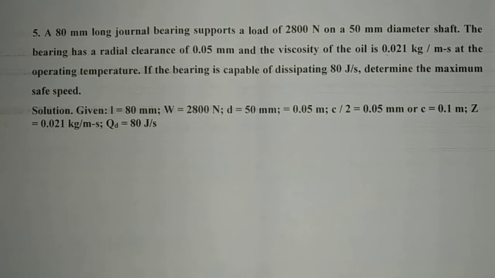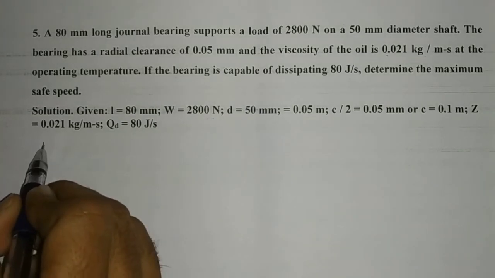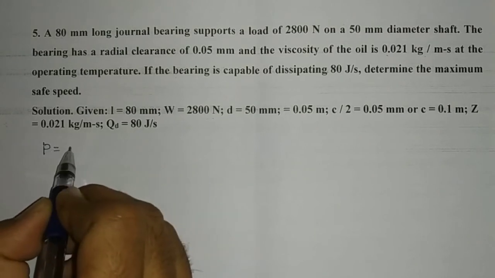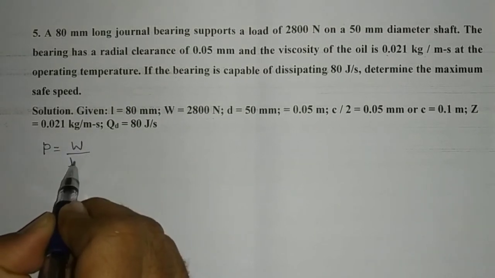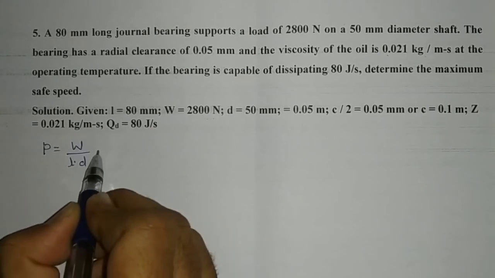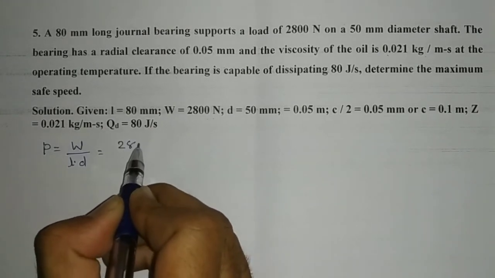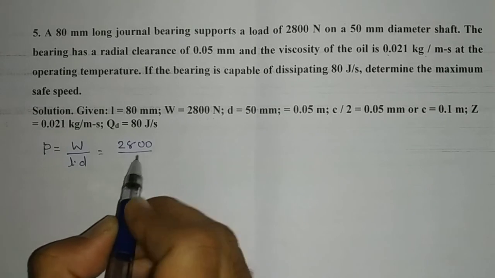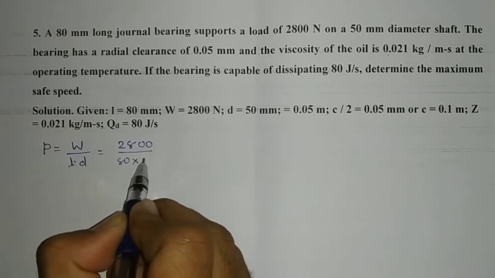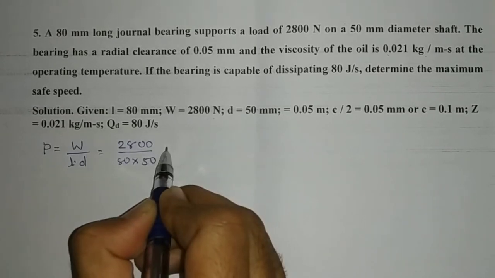If you want to find the heat generated, that is Qg is equal to mu W V. So first we have to find P, mu and V. Let us find the bearing pressure P. Bearing pressure P is equal to W upon L into D, that is 2800 divided by 80 into 50.